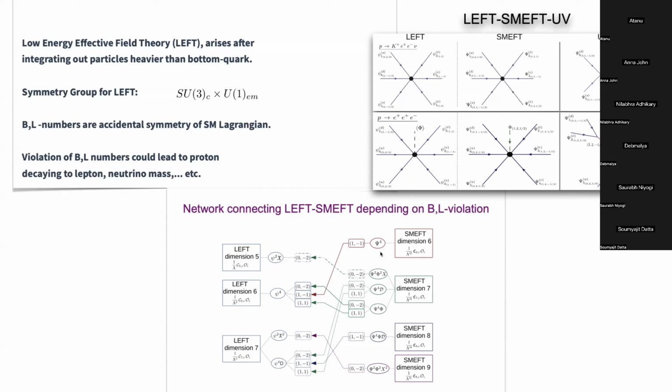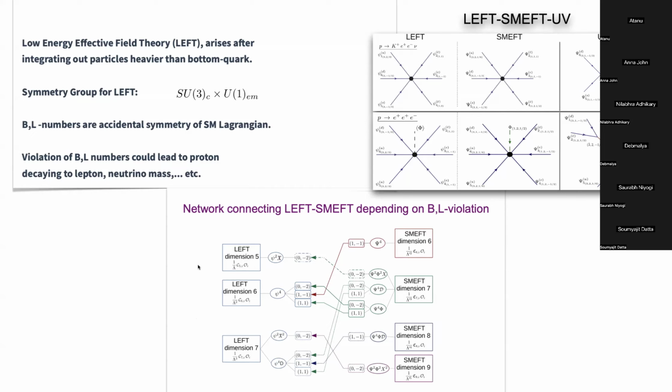It shows which class of SMEFT goes to which class of low energy effective field theory, and how the representations or the baryon number and lepton number violations of these operators, if you invoke them, lead to similar baryon and lepton number violation in the low energy effective field theory. So this is like a tracker one can use to understand the low energy effective field theory and their possible embedding in the SMEFT.